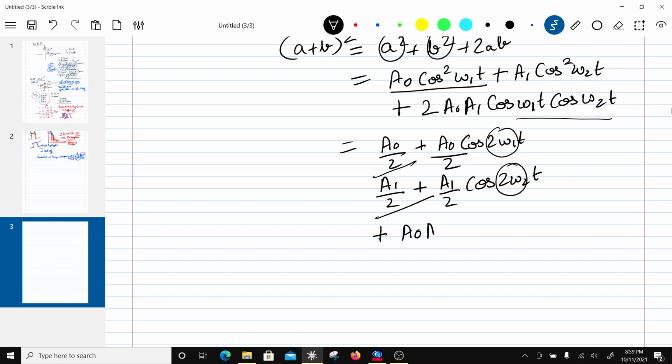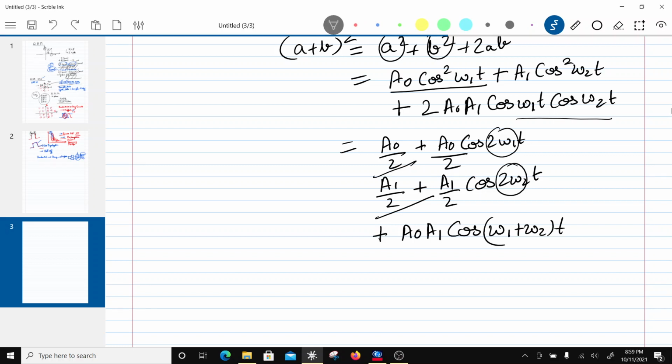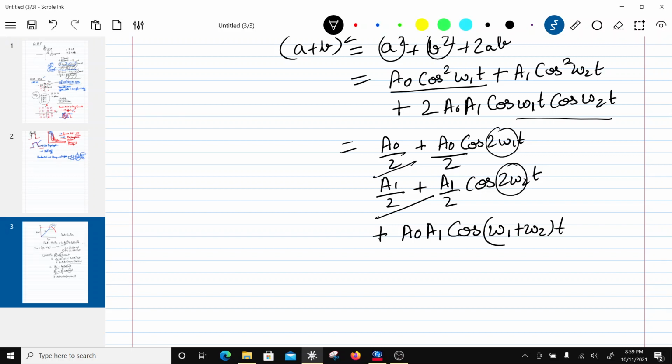I will have A0 cos A times cos B, which gives cos of (A plus B) by 2 plus cos of (A minus B) by 2.